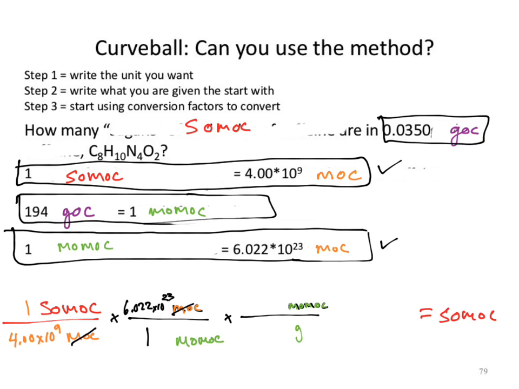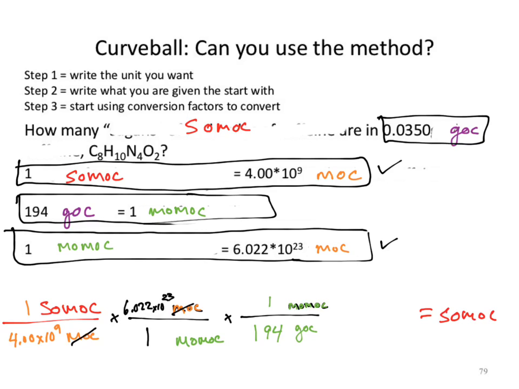I can relate that to gox. Just a second. What's the number? 1 goes with the momoc, and 194 goes with the gox.